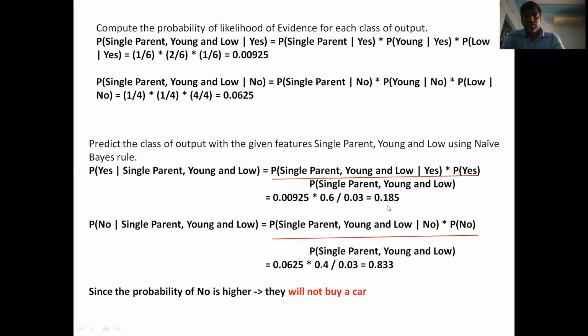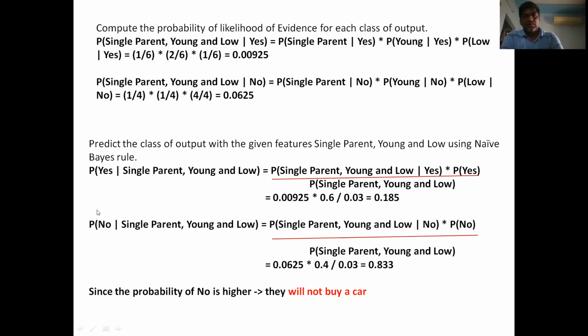So if you observe the probabilities of categorical outputs, for yes it is only 0.185, whereas the probability of no is 0.833. So which one is greater here? Which one is bigger? The probability of no. That means they cannot buy a car.